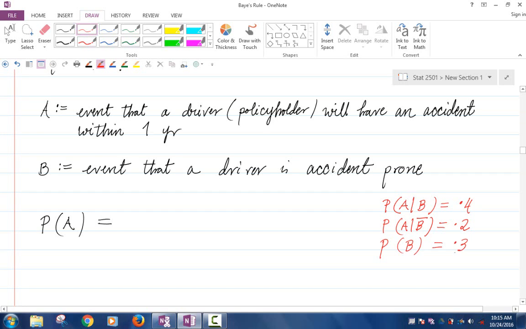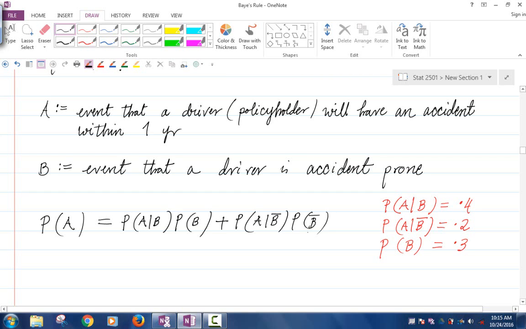So these are what we are given. How can I find the probability of A? We are using what rule? This is known as the average rule, right?